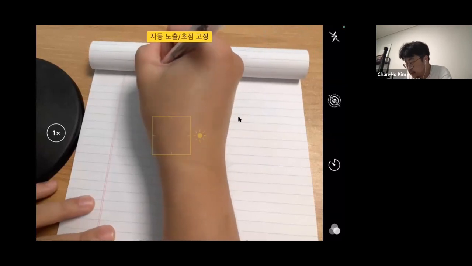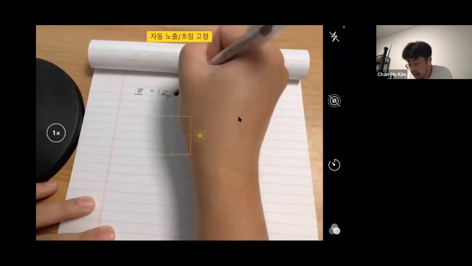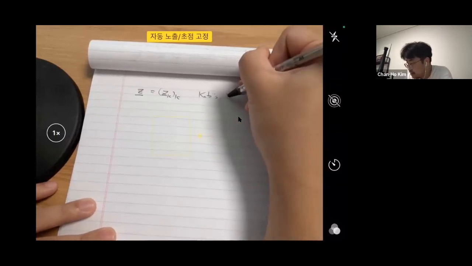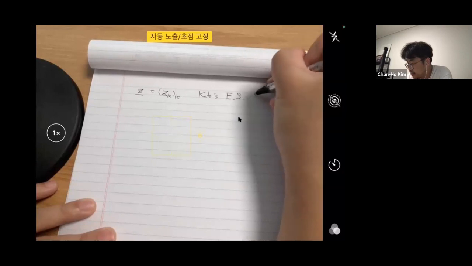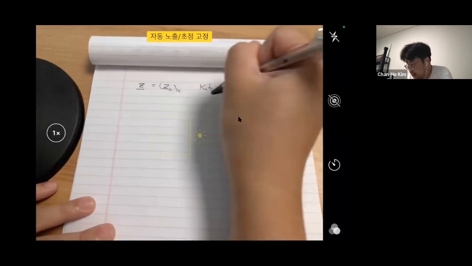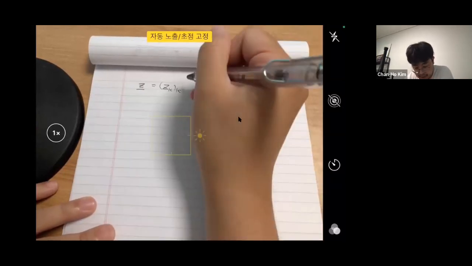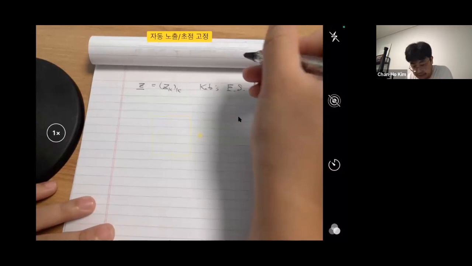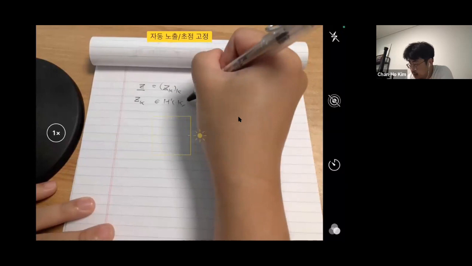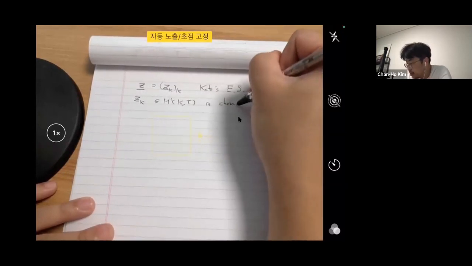G bar is ZK, where K is Kato's Euler system for the elliptic curve E. And I want to specify the choice more. So the choice can be characterized as follows: H1 of KT is characterized by its interpolation formula.